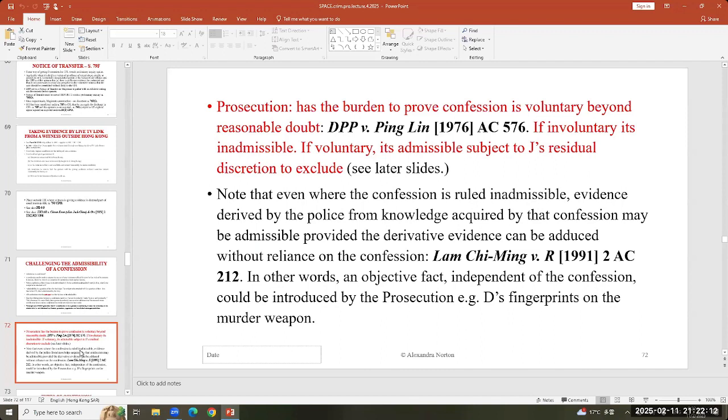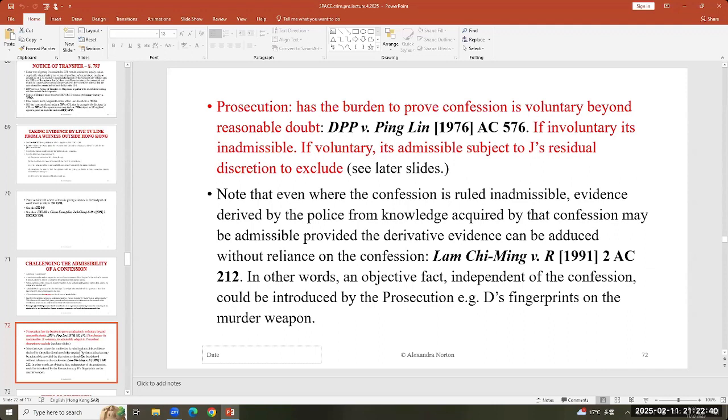And even gestures and demonstrations can amount to a confession. But the Privy Council go on to say, if when the murder weapon is recovered, there's some derivative evidence on it that can link to the defendant, that can be introduced. It's just in this case, it's really obiter because there was no derivative evidence because there were no fingerprints on the murder weapon because the sea had washed them away.